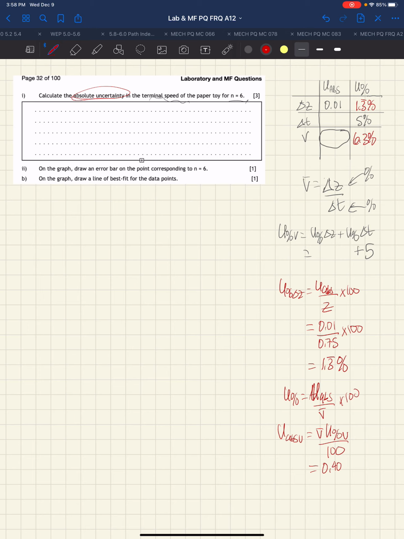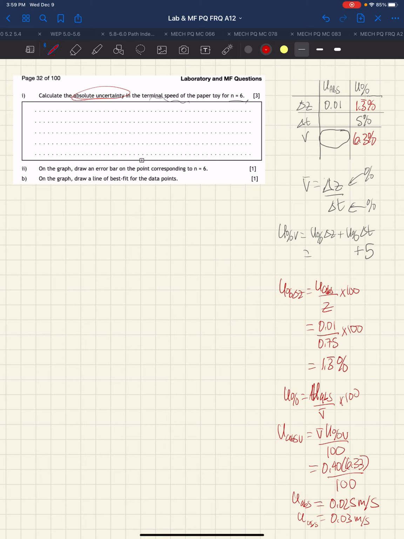So 0.40 times 6.33 divided by 100 works out to be 0.025 meters per second. And if you remember, we can only report one significant digit, so that means we're looking at 0.03 meters per second. So this is basically the entirety of our work for part I.